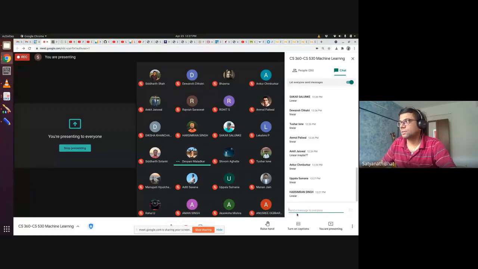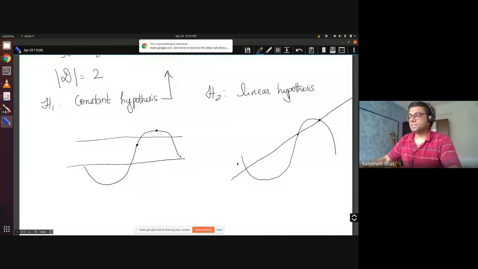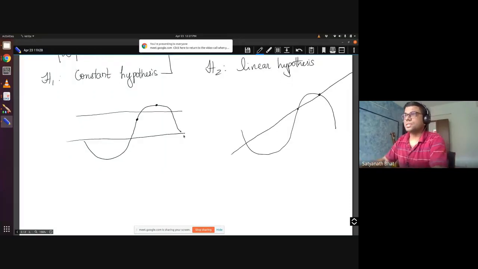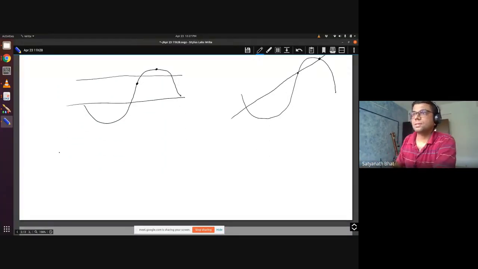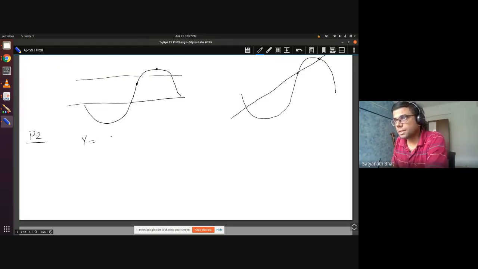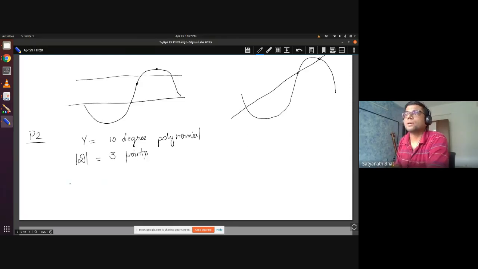Okay, all right. So let us first understand another simple question, even before going to this. Look at this problem, Problem 2. I am telling you y is equal to some 10th degree polynomial, and I will give you, let's say, 3 points from it.